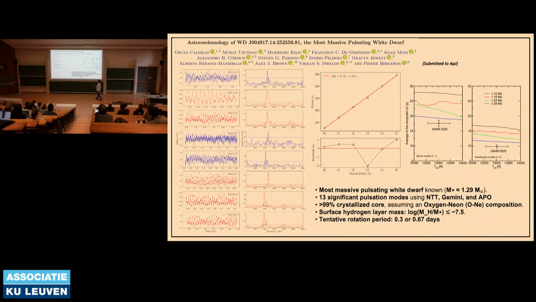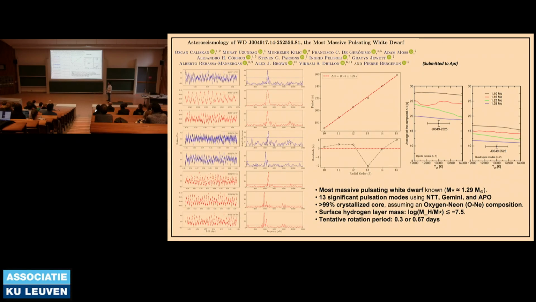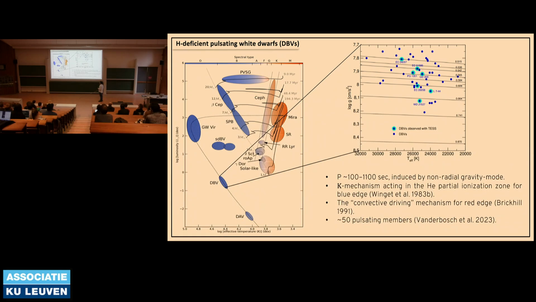Also, a tentative rotation period is 0.3 to 0.67 days. And I forgot to tell you, there is one candidate rotation period of around 18 minutes. But this is just a candidate because, since it's ground-based data, aliasing is a big problem for deriving the real rotation period of these objects.